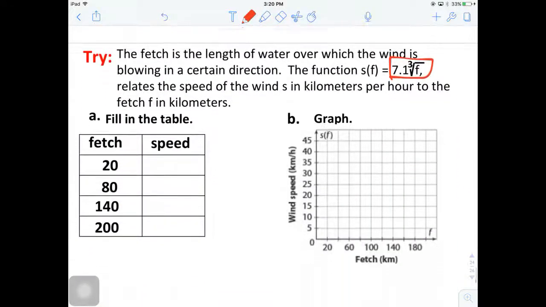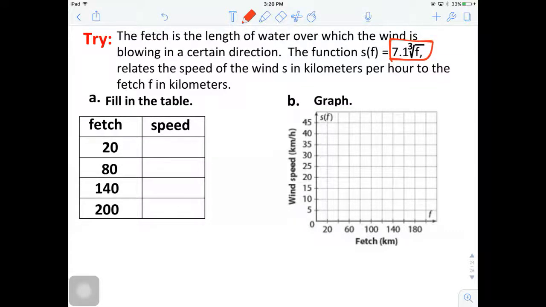I'm going to take a look at one more. The fetch is the length of water over which the wind is blowing in a certain direction. And here's the function given relating to the speed of the wind, S, and the fetch.